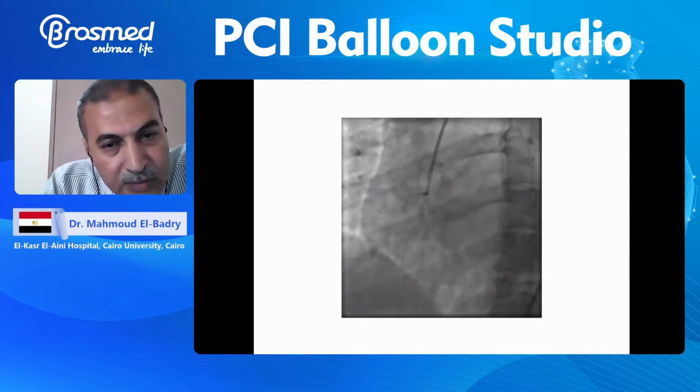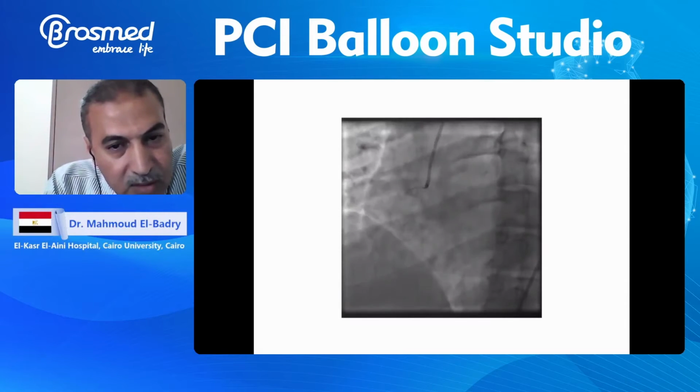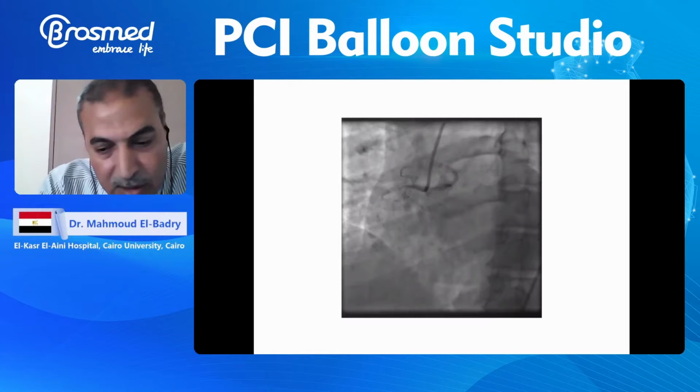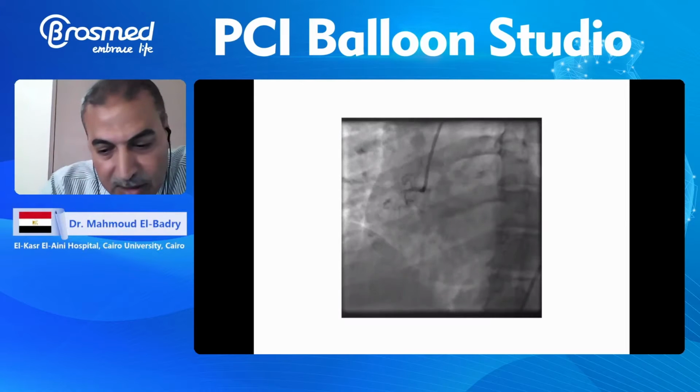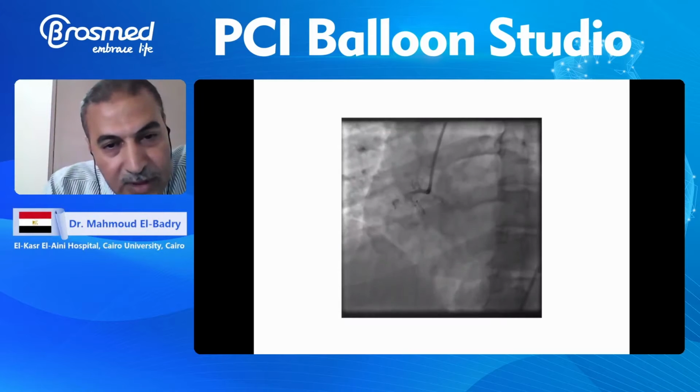And there is no support from the guiding here, as we see. When I started to support the wire with the Artimes balloon, I could cross more of the lesion, a little bit forward.